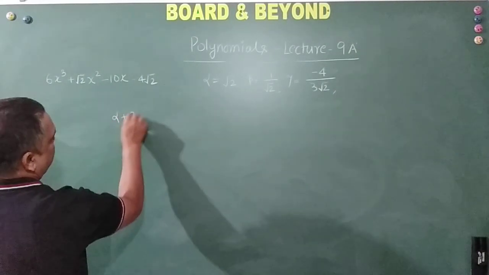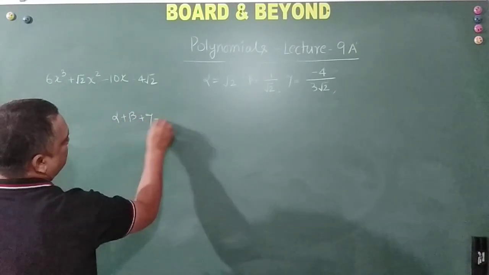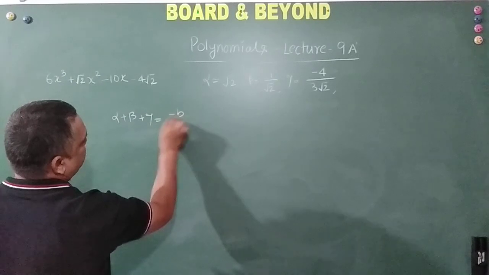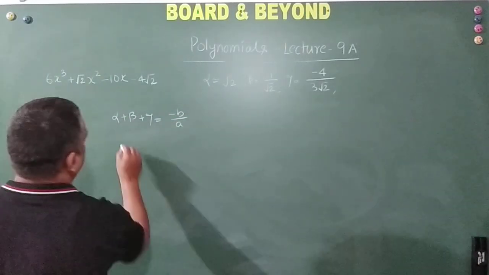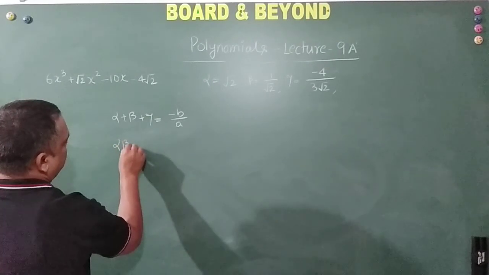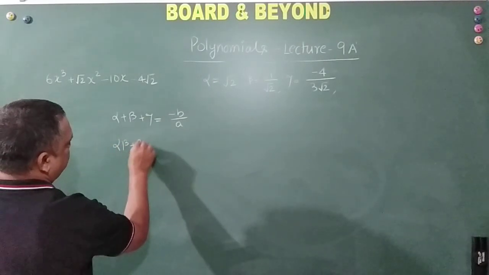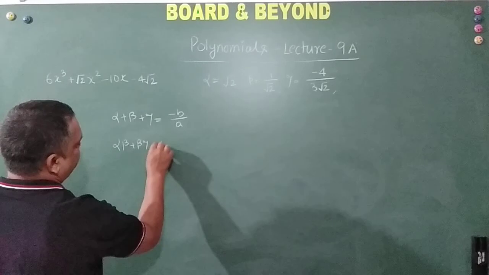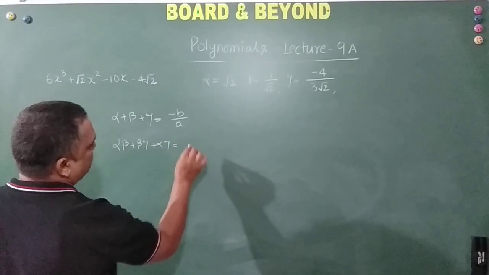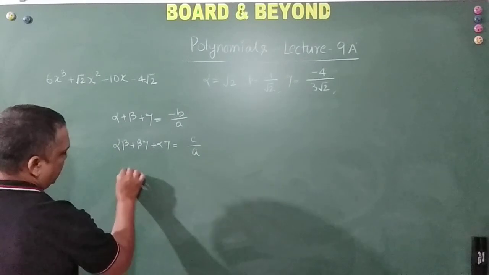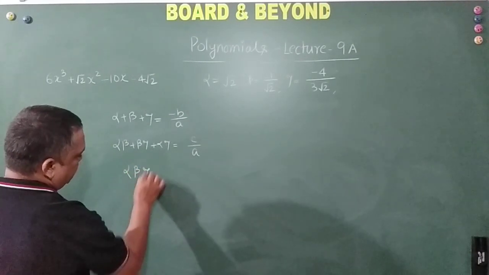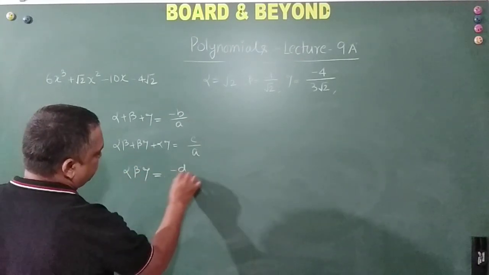Alpha plus beta plus gamma is equal to minus b by a. Right? Alpha beta plus beta gamma plus alpha gamma is equal to c by a. And alpha into beta into gamma is equal to minus d by a.